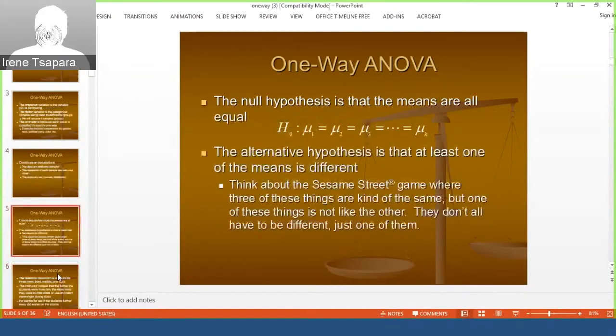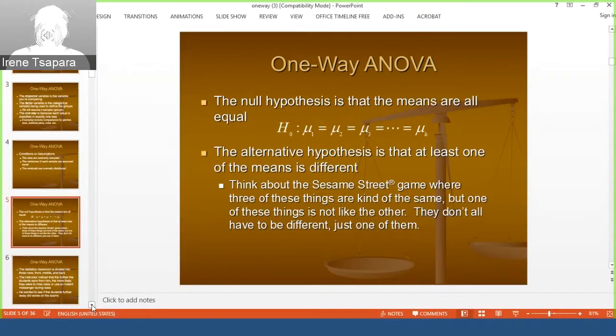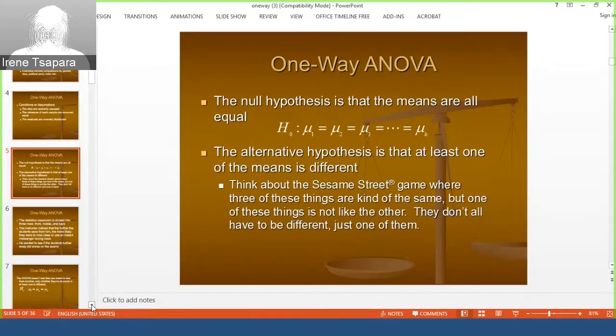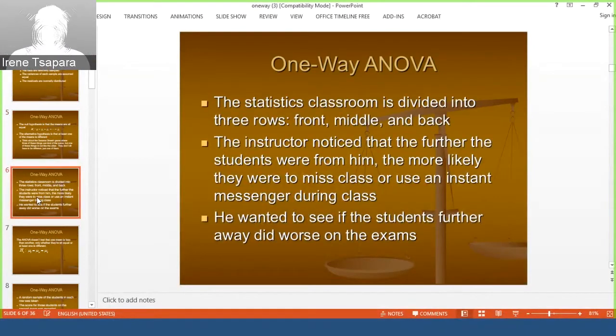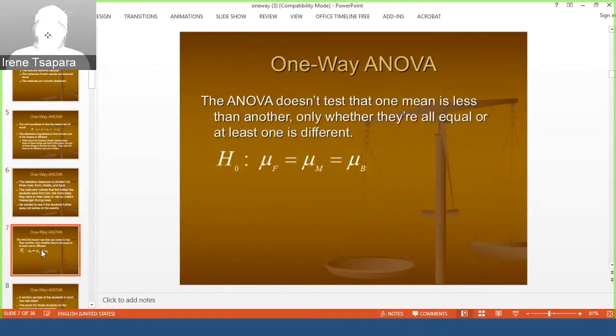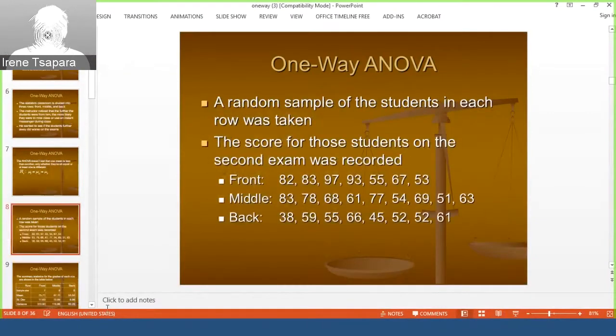We already saw that. This is the way that we set up the two different hypotheses from the claim. And what we want to do is to look at an example.